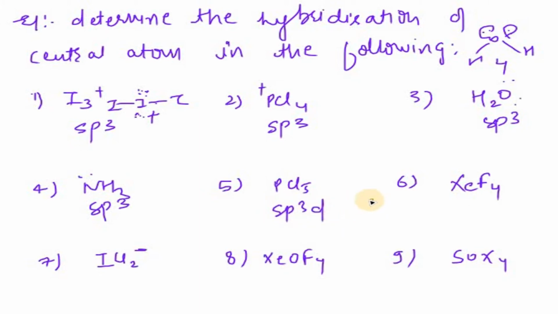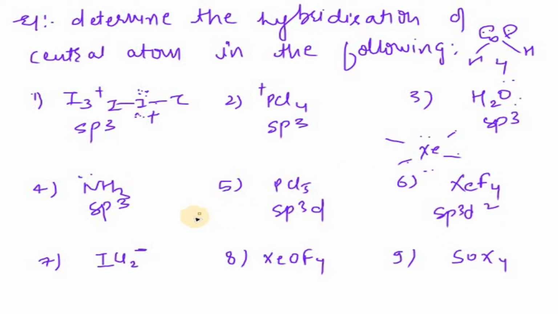If we talk about XeF4, it comes out to be sp3d2. It has 4 bond pairs and the remaining 2 lone pairs, so the total is 6, and that's why we get sp3d2.